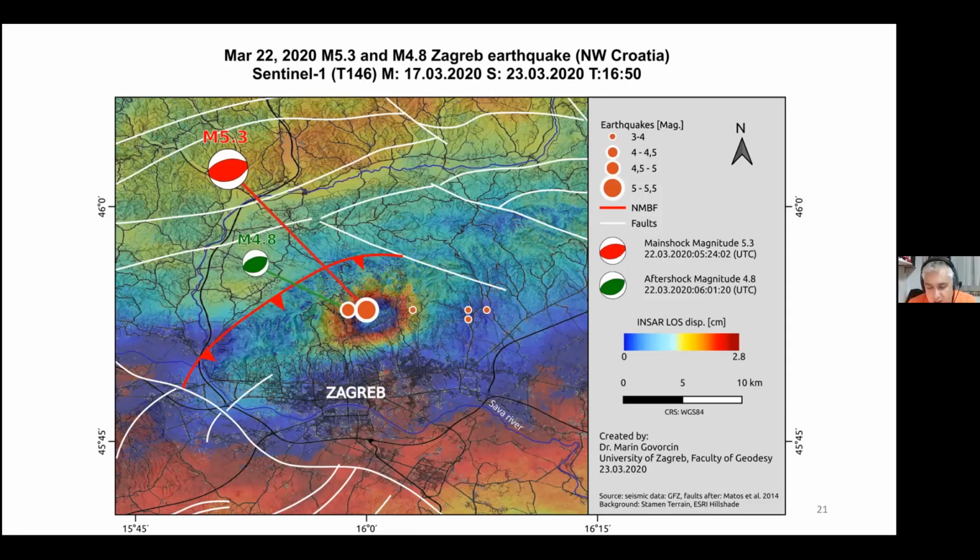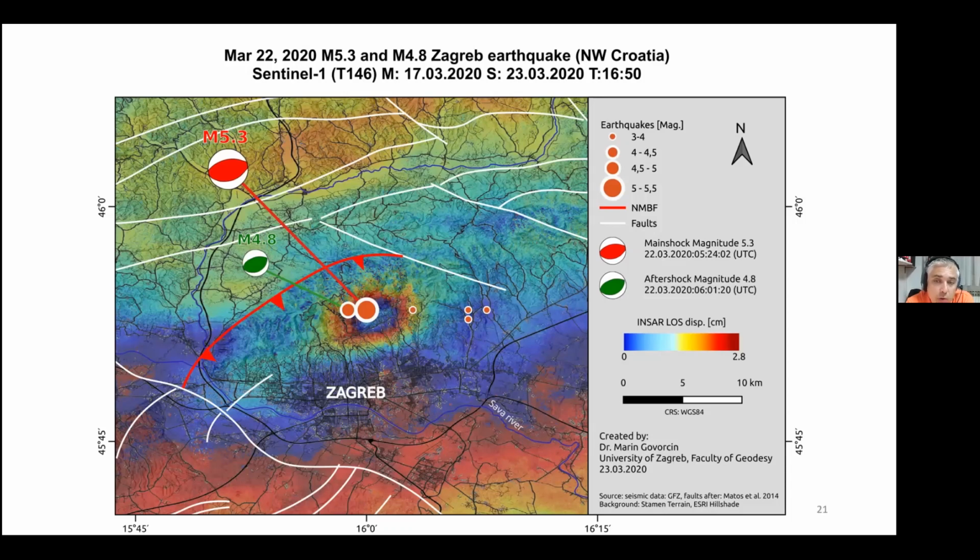So the results derived by GNSS and the results derived by InSAR, those two results match pretty well.